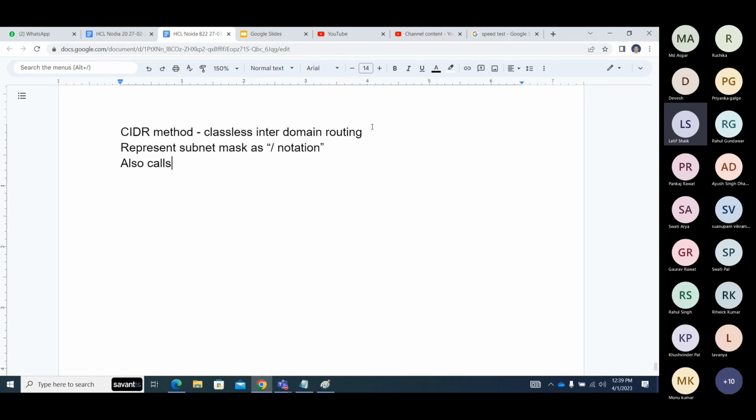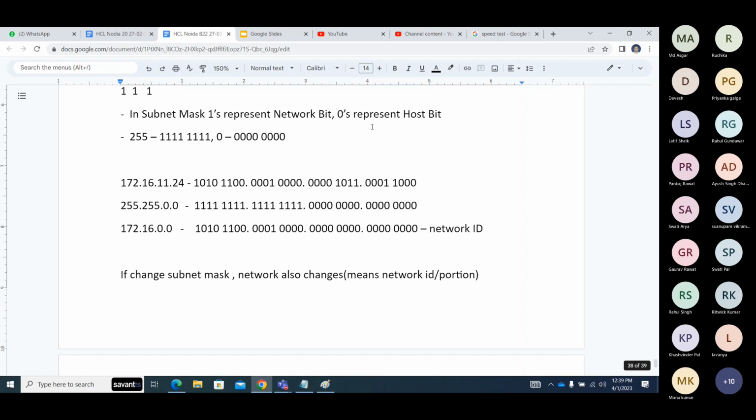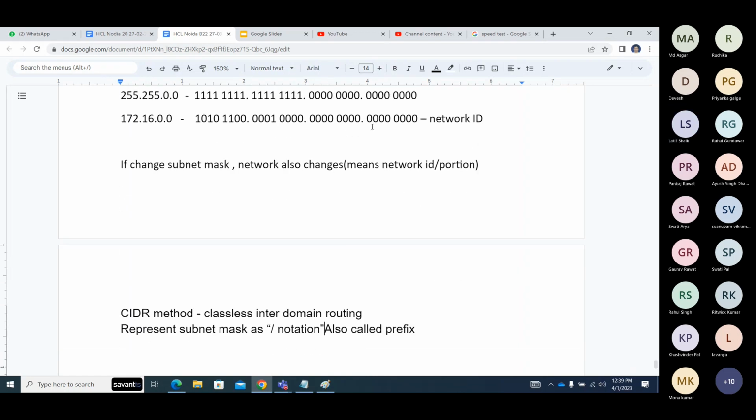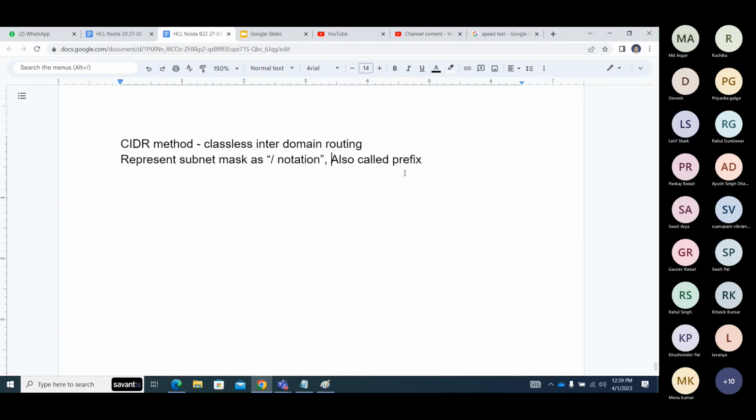It is also called a prefix. Don't worry about what it is, guys.